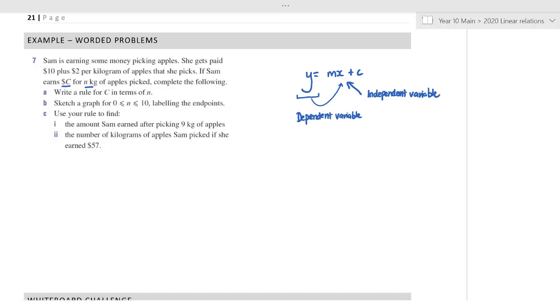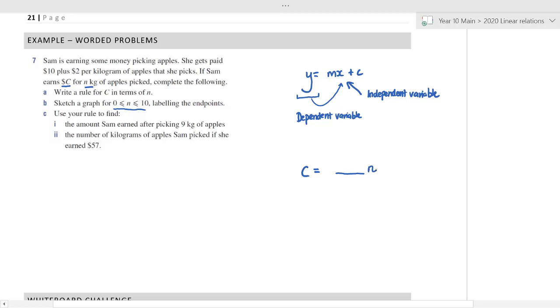Now it says here that we're sketching with N from 0 to 10. So let's have a look. It says write a rule. Well, we don't really want y's. We want the cost, or what she gets paid, C. Sam earns C, and C is going to depend on how many kilograms of apples she picks.